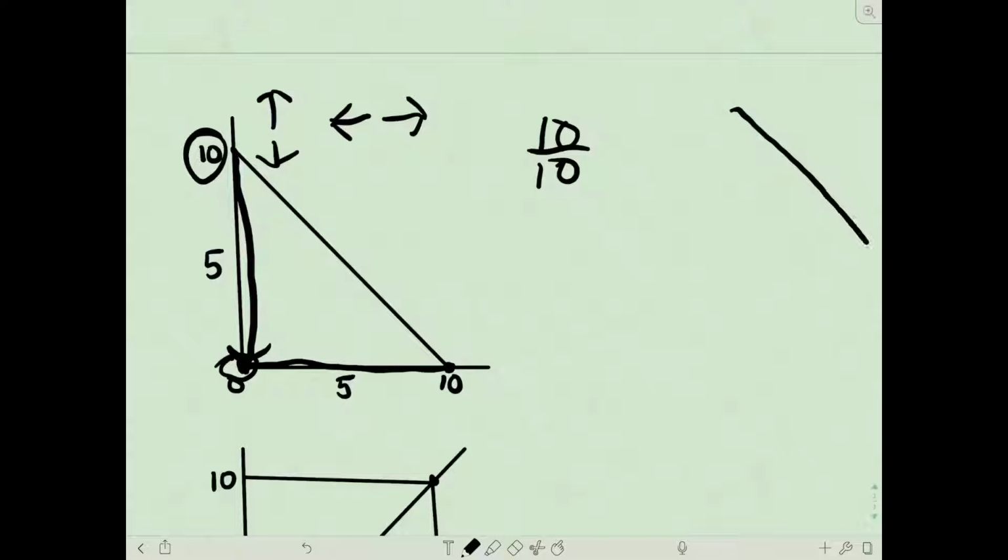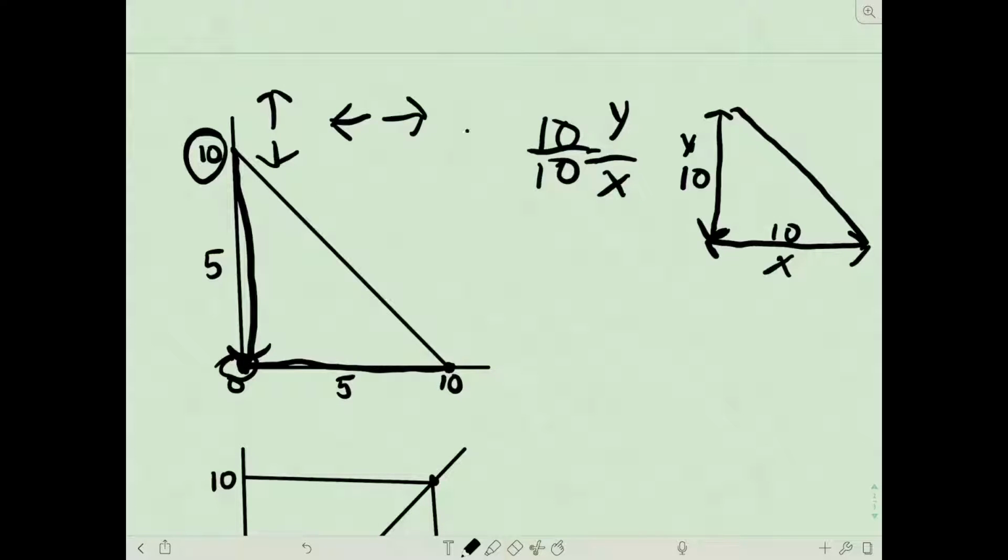First we measured the up and down, then we measured the left and right. In this case, they were both 10. So this is the y, this is the x, and it's y over x, so it's 10 over 10. We know that simplifies down to 1, or 1 over 1, because we're talking about slope.